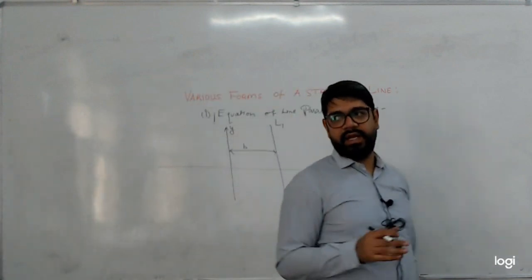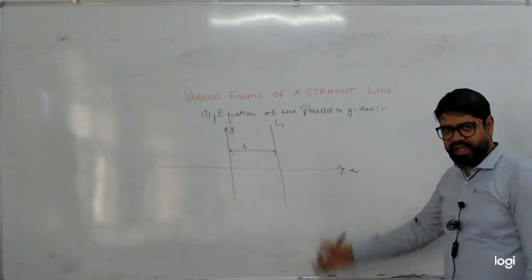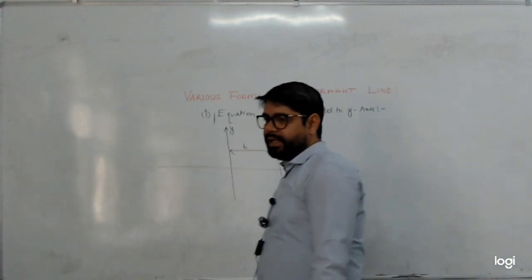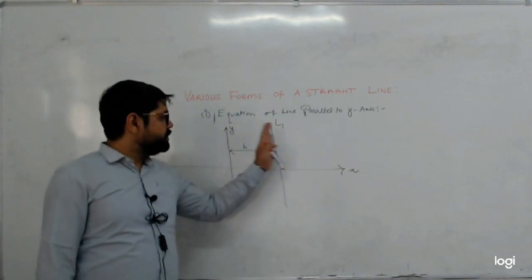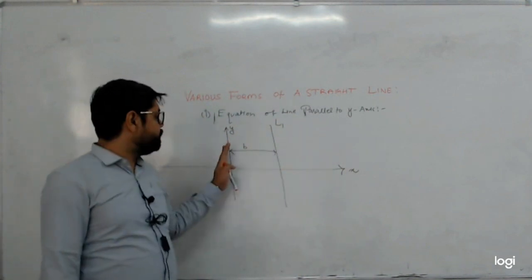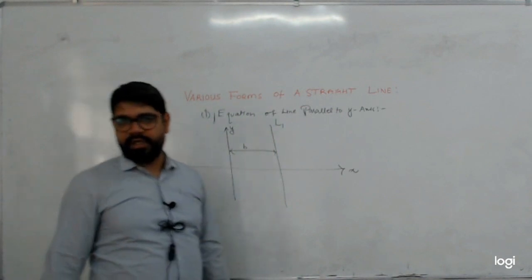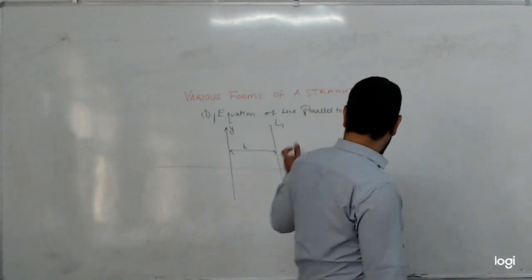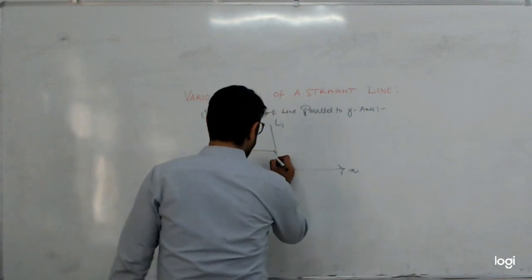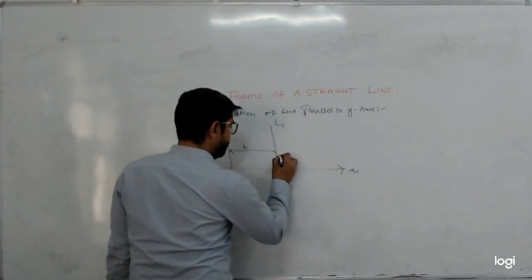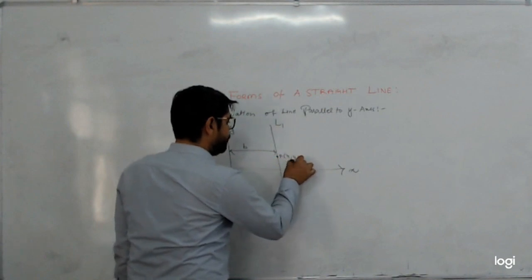That is, इस लाइन L1 की डिस्टेंस from the y axis हम b मान लेते हैं, and this b will be positive if this line is towards the right of the y axis, and b will be negative if this line is towards the left of the y axis. Now let P be any point on this line having coordinates (x, y).